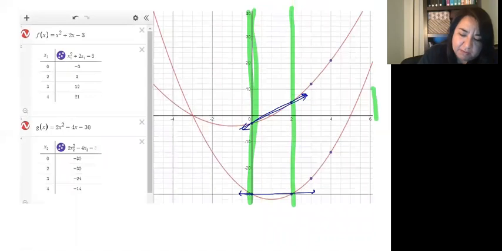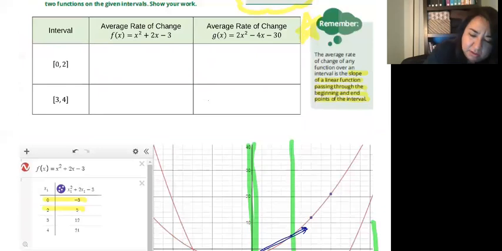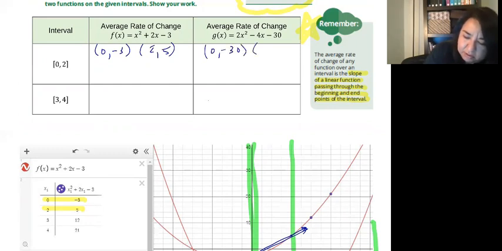So I want to grab my values, my x and y coordinates when x is 0 and x is 2 for each function. So 0, -3, and 2, 5. And this was 0, -30, and 2, -30. And I'm going to use the formula.